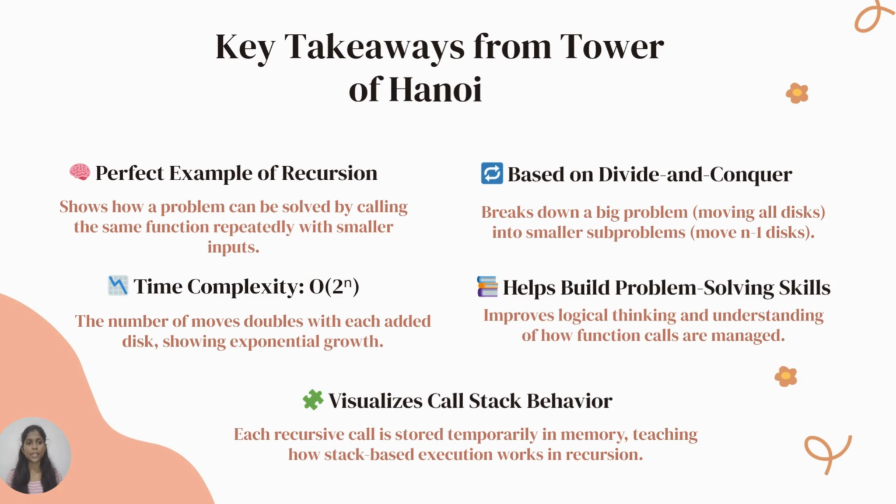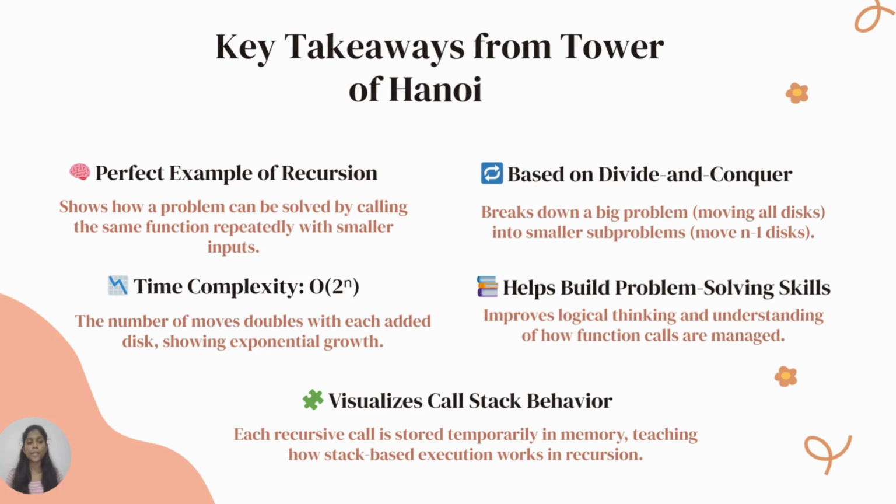Let's wrap things up with some key takeaways. First, Tower of Hanoi is a perfect example of recursion, where we solve a big problem by solving smaller parts of it. It uses the divide and conquer strategy, breaking things down into manageable steps.